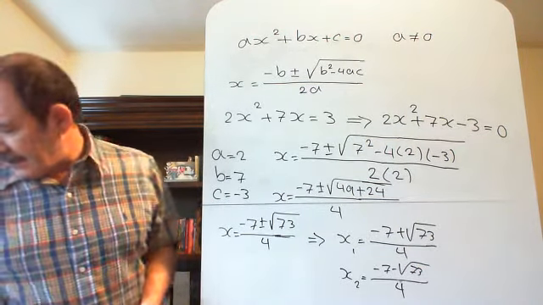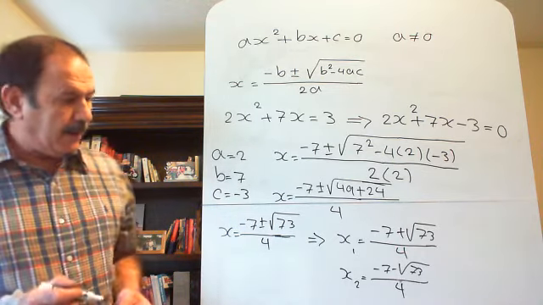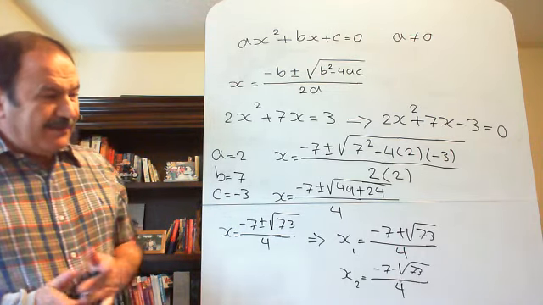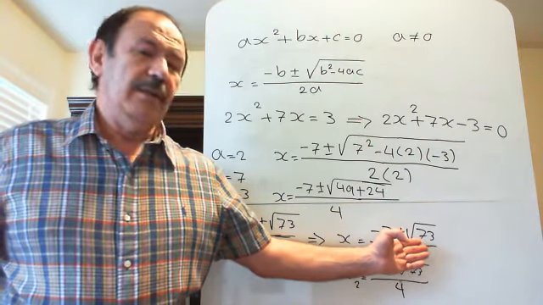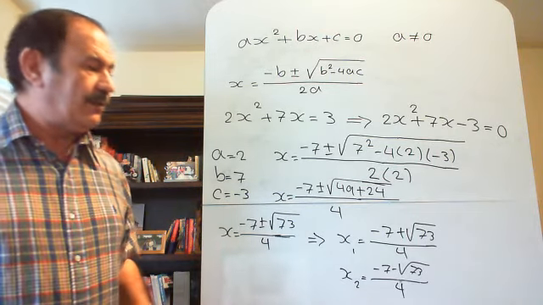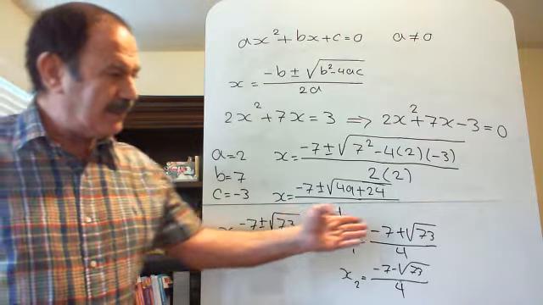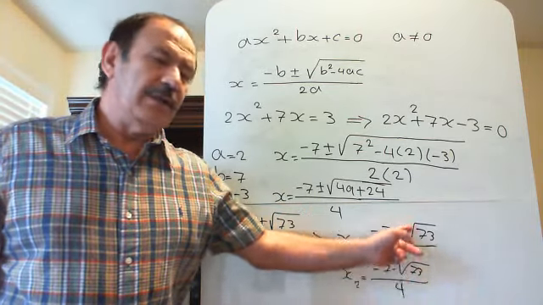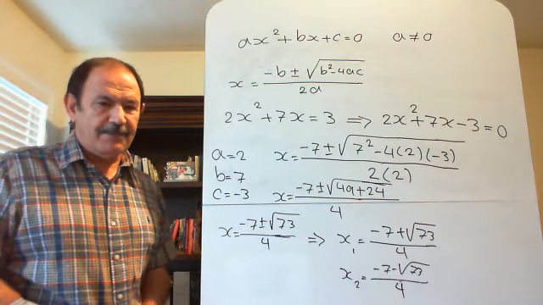This is the other answer. And as you see, we don't need to find the value of radical 73 using the calculator. If the question asks to find your answer and then round it to 2 or 3 digits after the decimal, then we have to continue up to the end. But in this case, this is going to be our final answer.